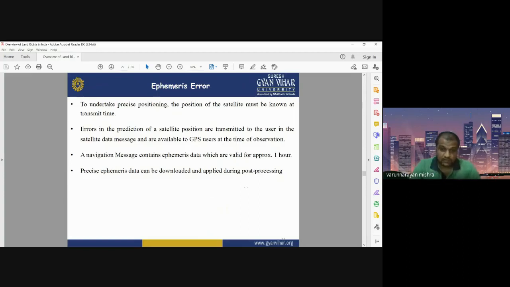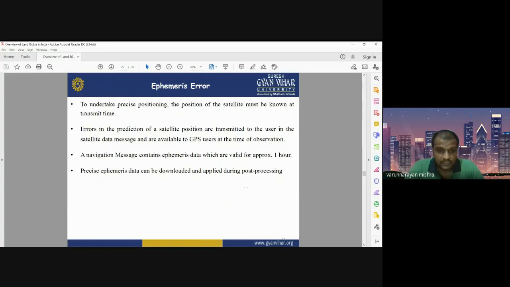But when you process that data after 1 or 2 days, maybe that satellite has moved to another place, and may not be at the exact position it was at the time of the coordinates you collected from your GPS receiver. So ephemeris information is very important.